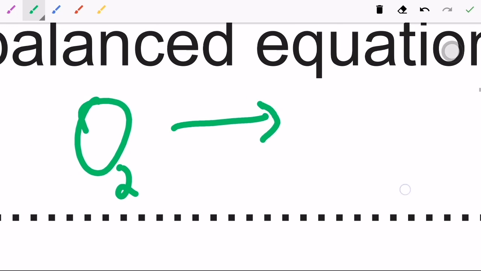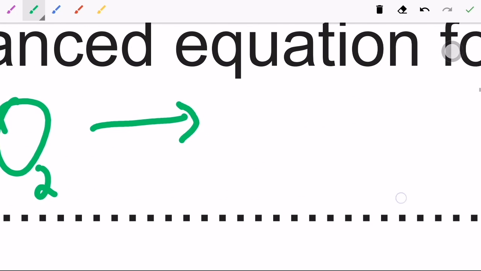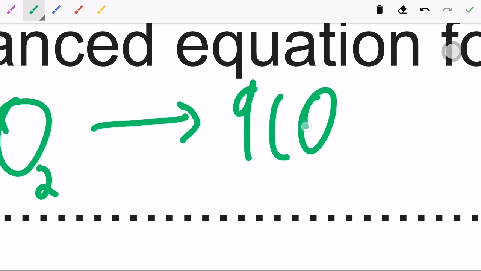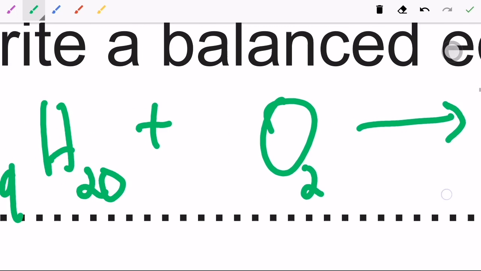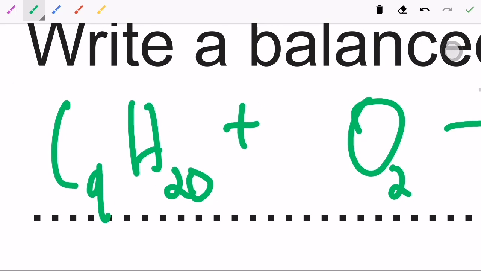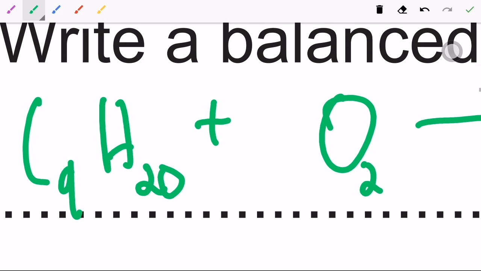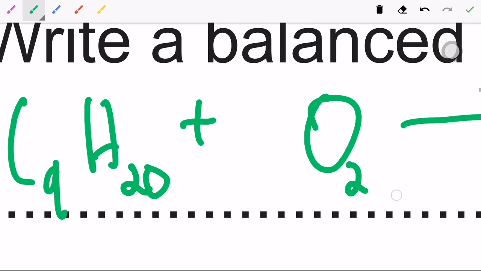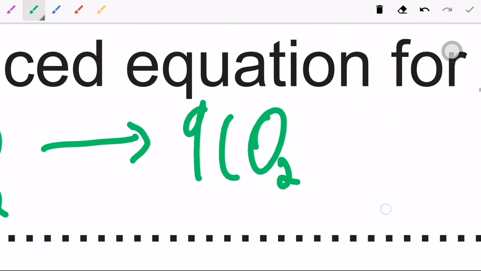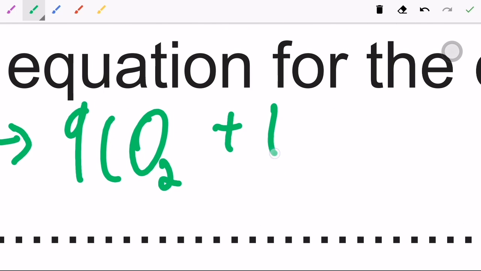Complete combustion means all the carbon is turned into carbon dioxide, so it's 9CO2. That balances out the carbon. Complete combustion also means that all the hydrogen goes to water. You have 20 hydrogen atoms, which means you can get a maximum of 10 waters, so that the total adds up to 20.